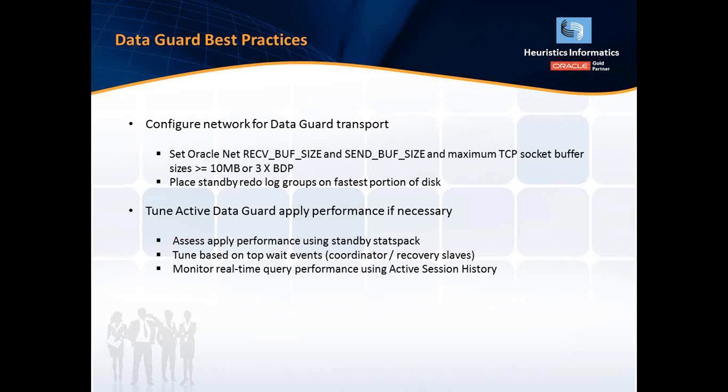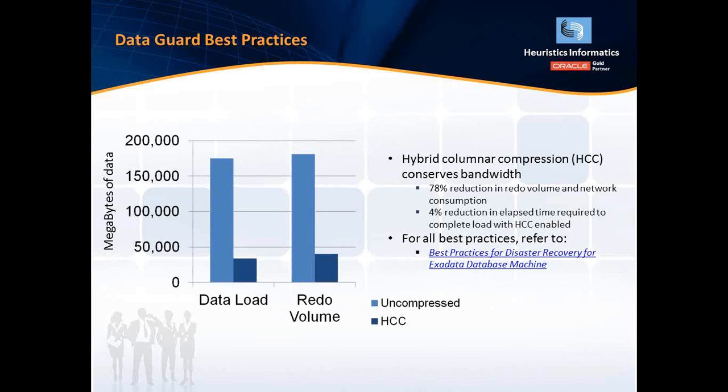Additionally, we can use a specific feature of the Oracle Exadata Database Machine, which is called hybrid columnar compression. What that does is it stores data on the disk in a compressed format and does it on the fly, transparently. So the end user does not notice any significant performance impact of the columnar compression.